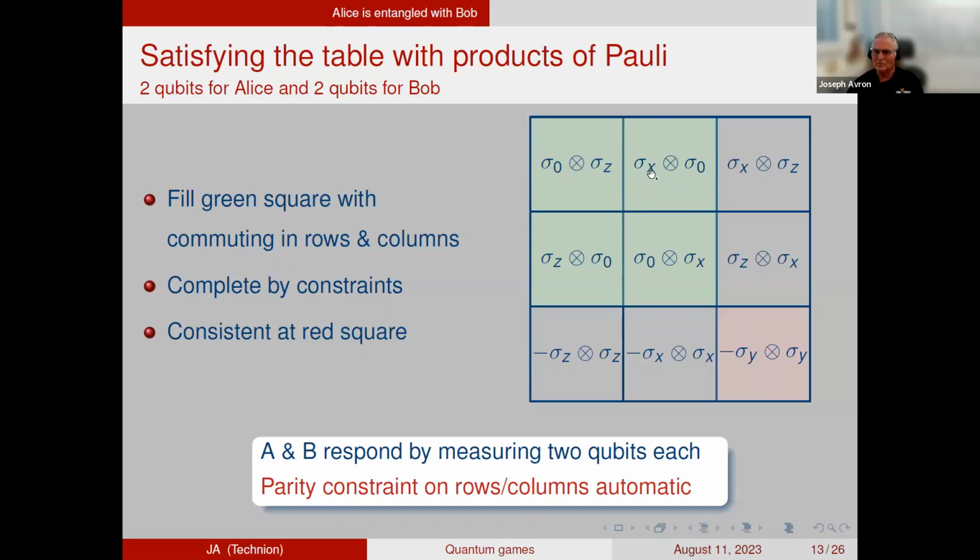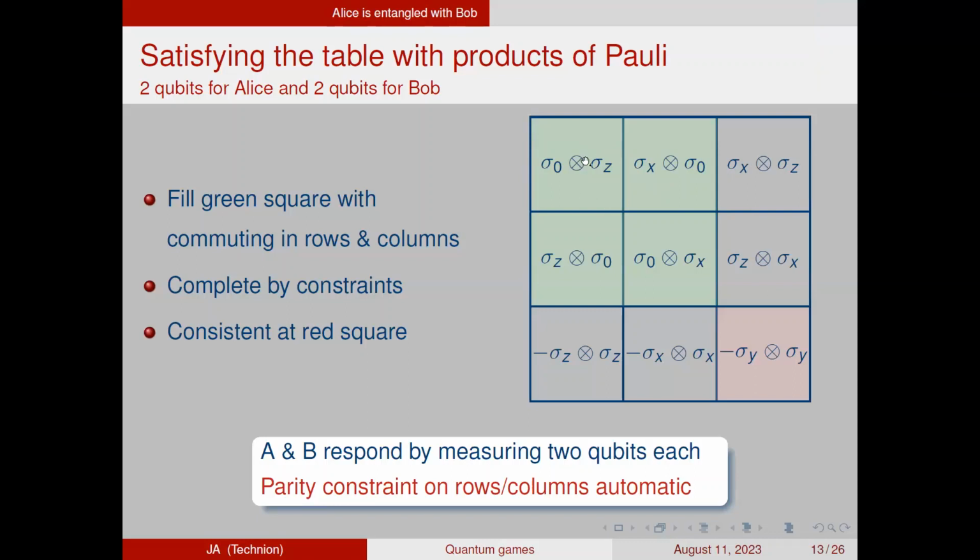And here she needs to measure sigma x on the first qubit and doesn't need to measure the second qubit. And here she measures sigma x on the first qubit and sigma z on the second qubit. Now, each of these measurements, the result is either +1 or -1. She takes the product of whatever she gets, and this is how she fills the first row.